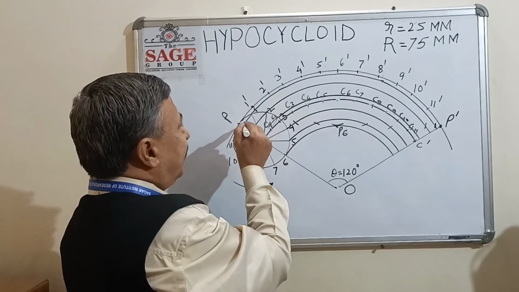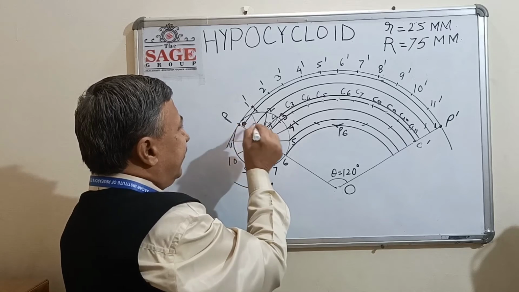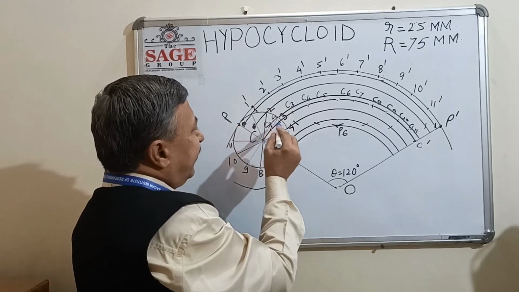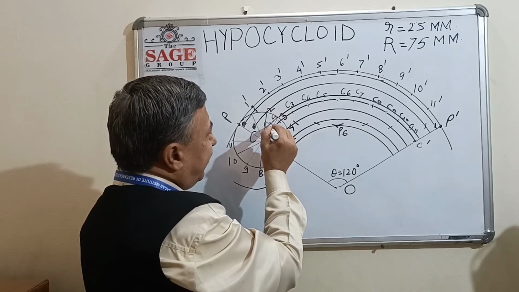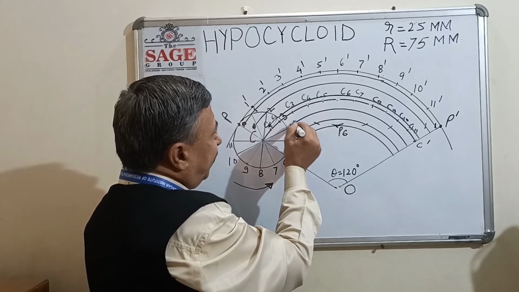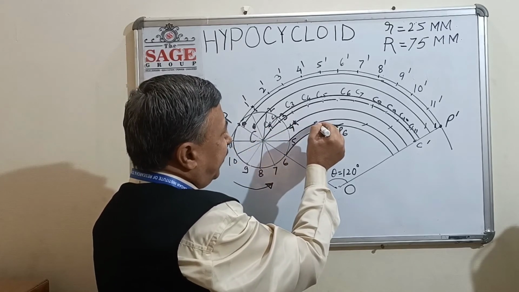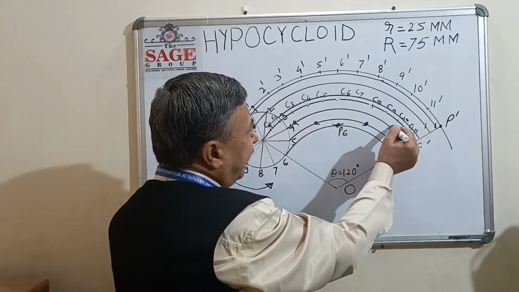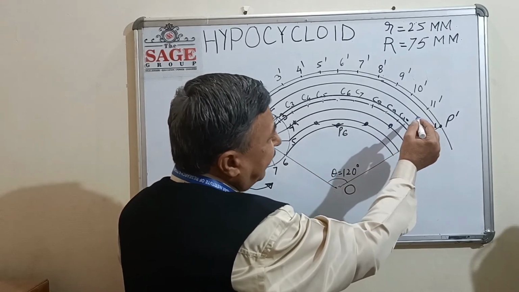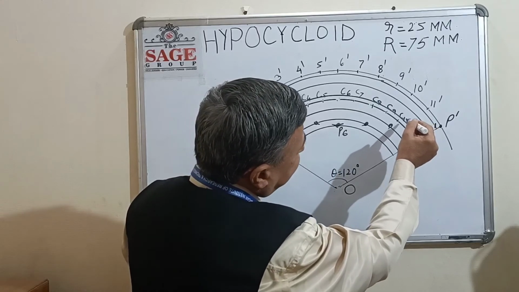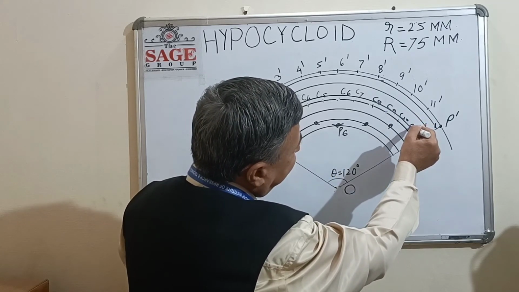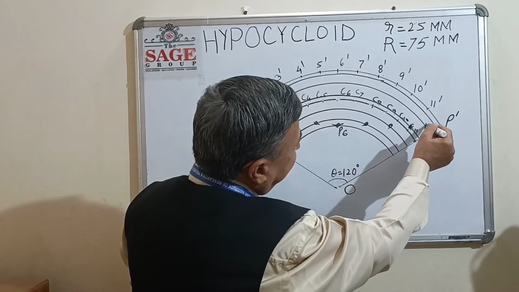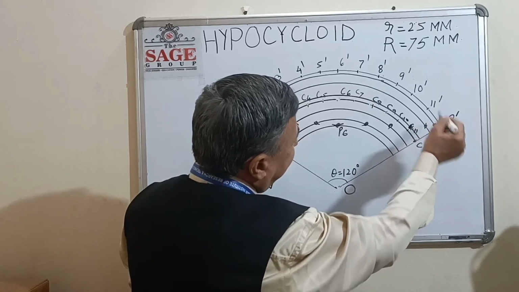Okay, so this is our first point, this is our second point, third point, fourth point, fifth, sixth, seventh, eighth, ninth, this is 10th, this is 11th.